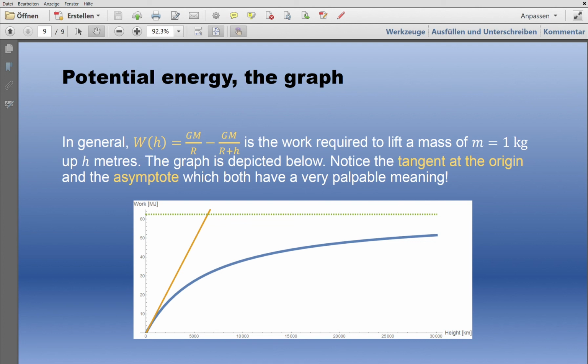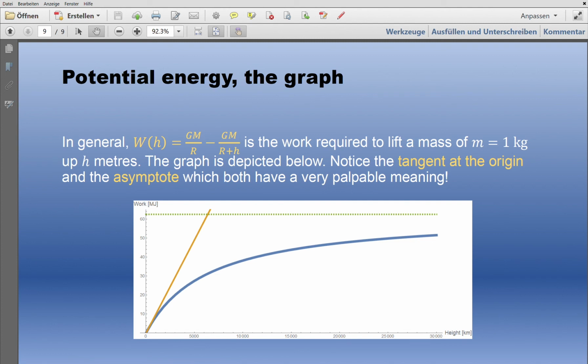The tangent at the origin here is the m times g times h. This is your 9.81 figure. If you use this, that's what you always did in physics. For small heights above the surface, it makes perfect sense to work with this.